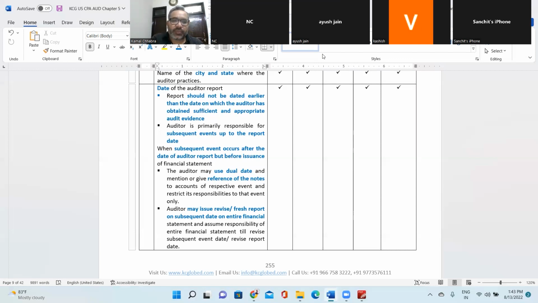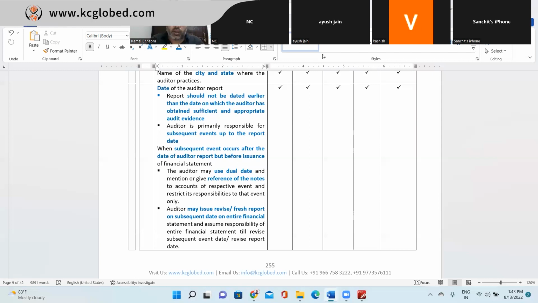Yes, sir. Now, when a subsequent event occurs after the date of the auditor's report, but before the issuance. For example, on 28th of February you have signed the report, and on 2nd March the company is planning to release that report to the shareholders, the bankers, the lenders. So in this scenario, between 28th February and 2nd March, a subsequent event with a material impact comes up which you have missed.